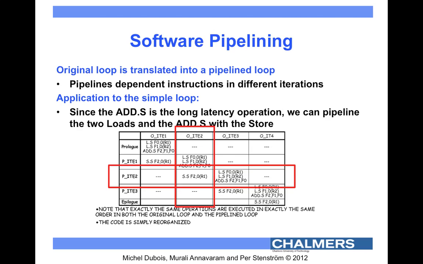So that will form a new iteration in the software pipeline loop. And a very important observation is that independently of whether we execute the original iterations one by one, or the software pipeline iterations one by one, we execute the same number of instructions and do the same job. And that's, of course, ultimately what is important.